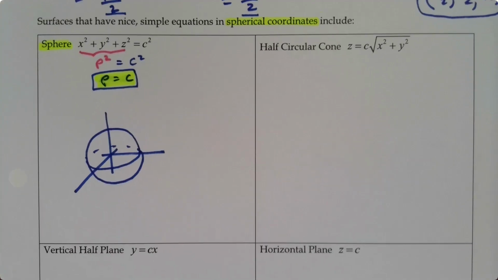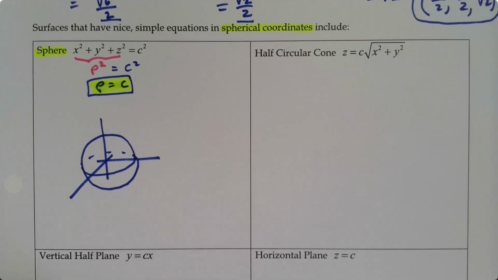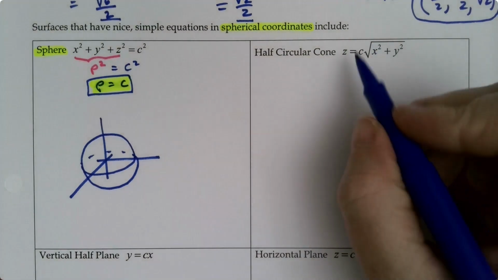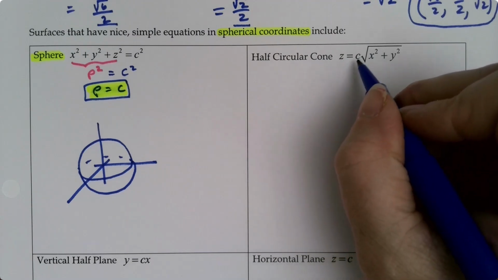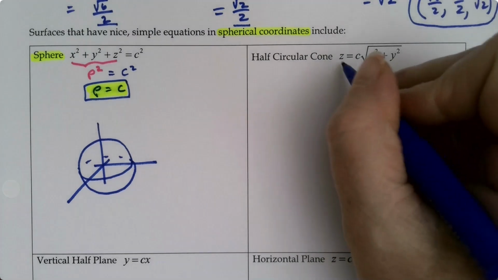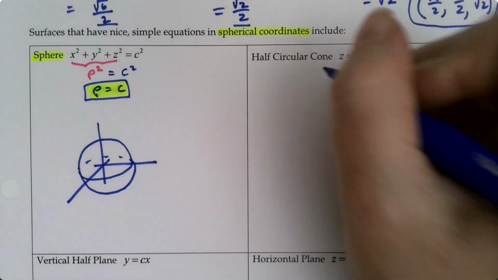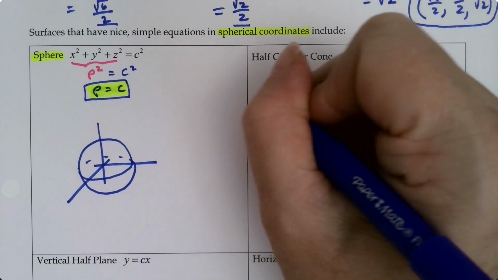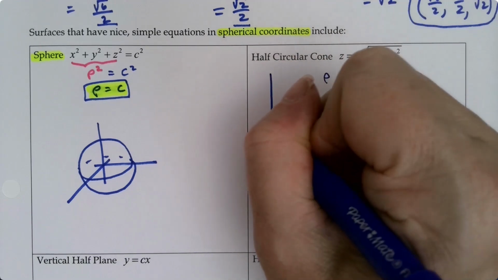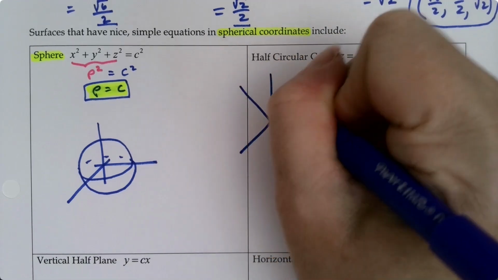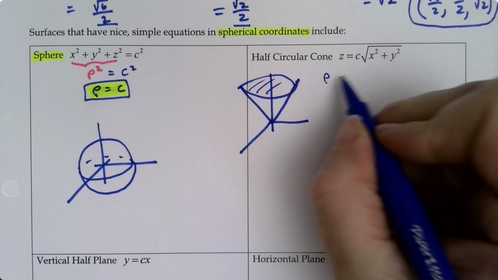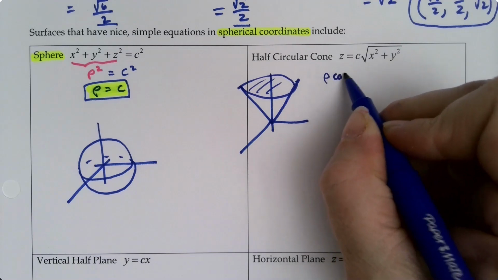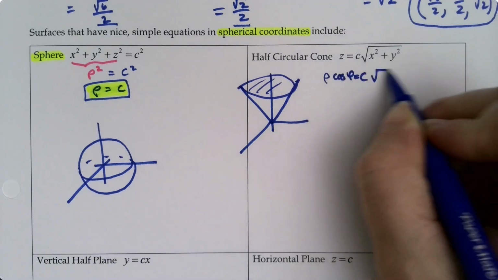Now, what about a half spherical cone? Oh, the work on this is more trouble. So this would be z equals c times all this mess. But z is rho cosine phi. And actually, I want to make sure I draw a cone in here so that I've got room. All right, so let me draw the cone. There it is. Okay, so rho cosine phi equals c times the square root of x squared plus y squared.